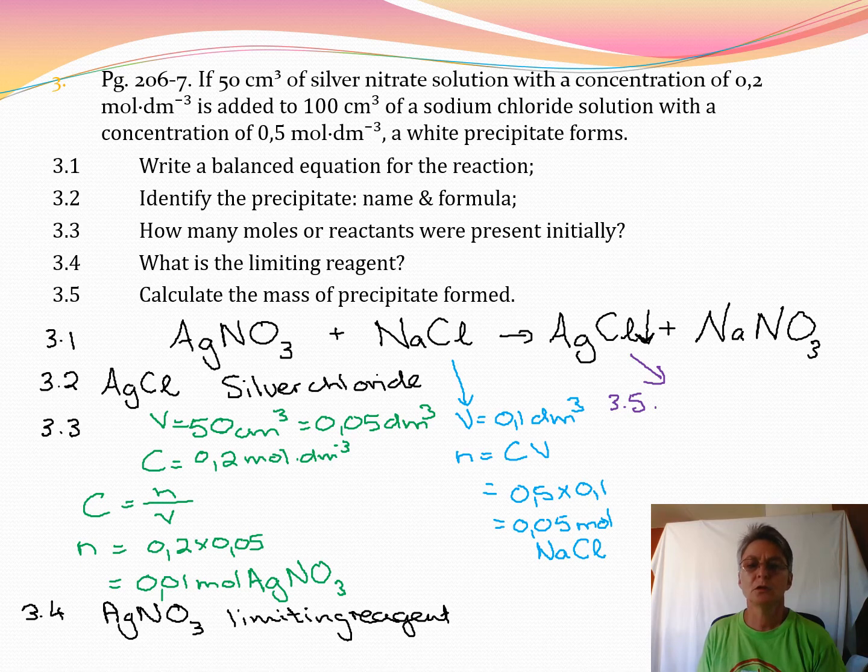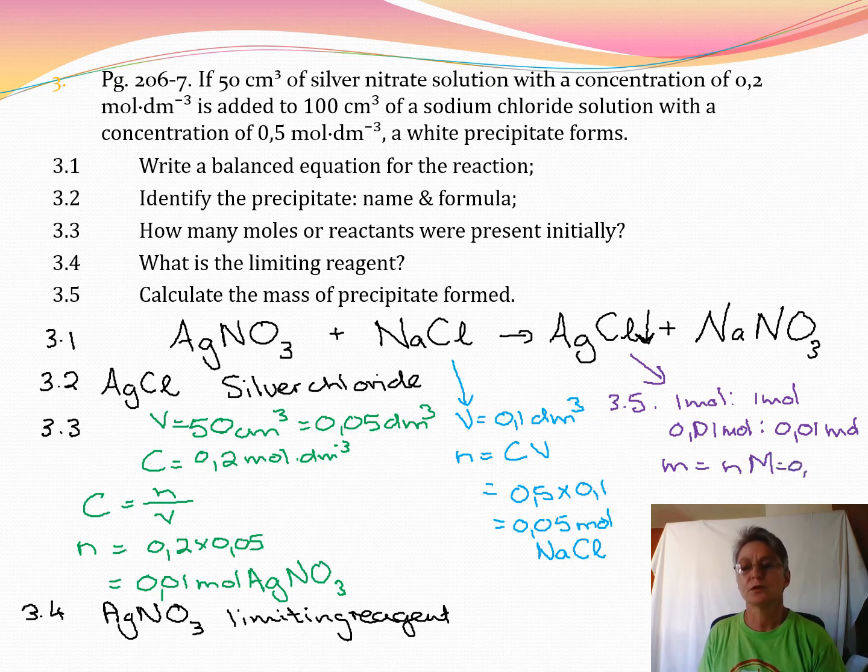1 mole silver nitrate gives 1 mole silver chloride. So if I have 0.01 mole of the silver nitrate, the moles of silver chloride will be 0.01 mole. So the mass is the moles times the molar mass.